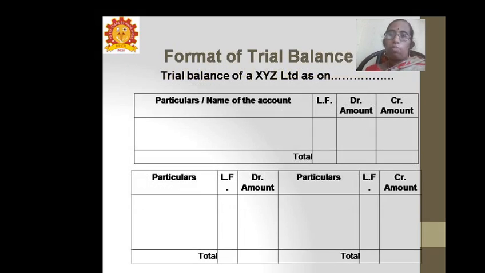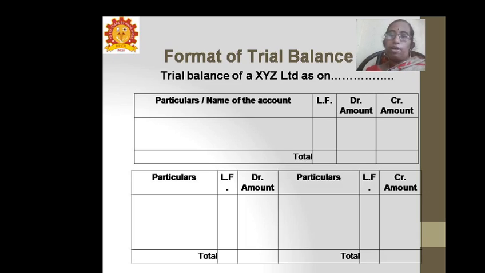And this is the format of the trial balance. First, the heading is written: trial balance of so-and-so company as on the date. The date has to be mentioned. In the format, under particulars, the name of the account is written, then the ledger folio, which is the page number of the ledger, and the final closing balance is taken.